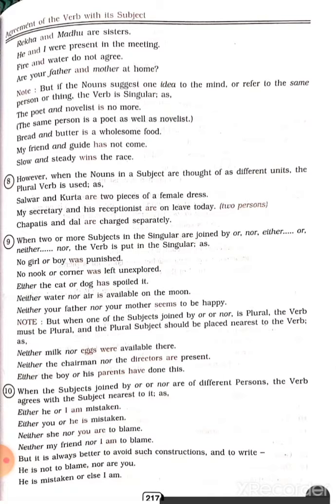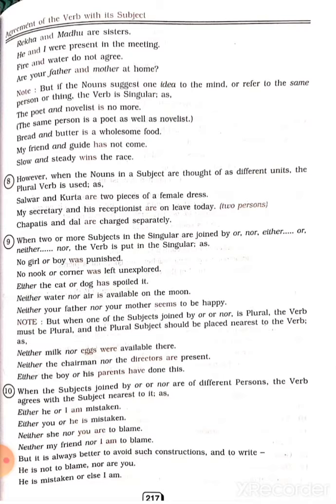Next, either you or he is mistaken. Here, after he comes is, because this is the nearest subject. So the verb will follow the nearest subject. Okay. Neither she nor you are to blame. After you, you cannot write is or am, so it is are.